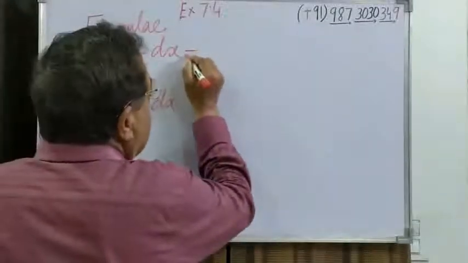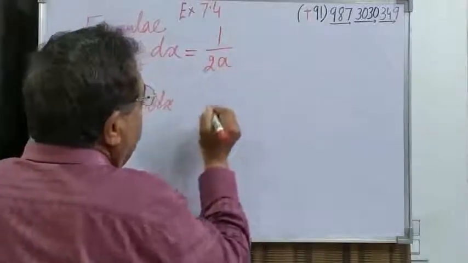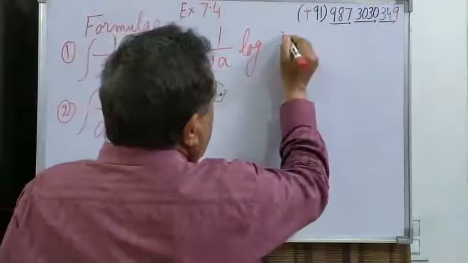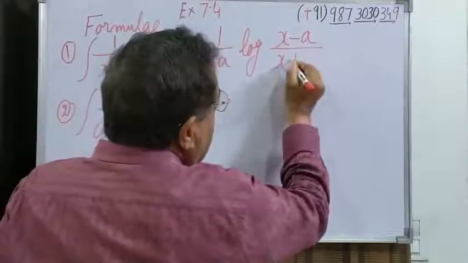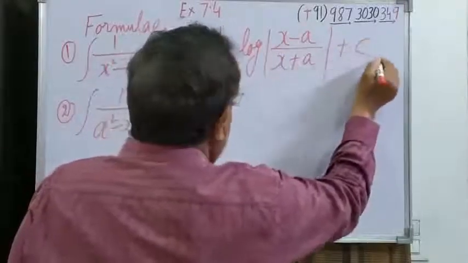Their integration would be, write it down, 1 upon 2a into log of mod of x minus a divided by x plus a, plus c.